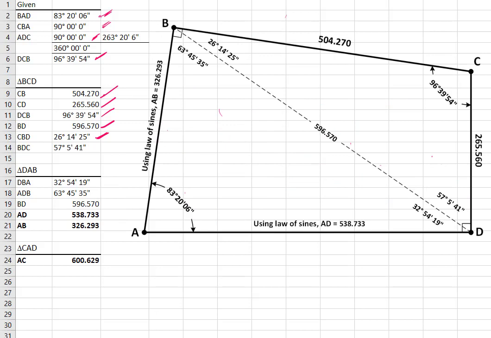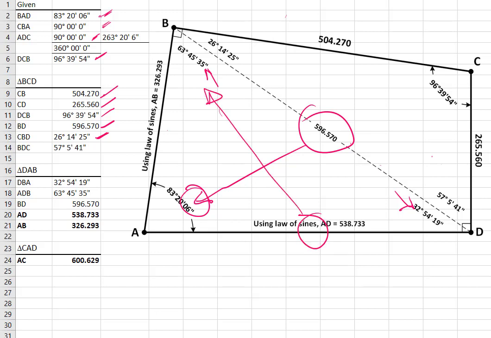So now, after calculating this angle and this angle, we have this side and the sine of the opposite angle, and then this side and the sine of the opposite angle. We can calculate AD as 533.733.